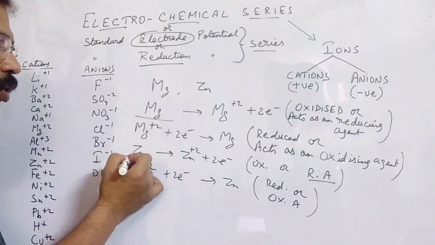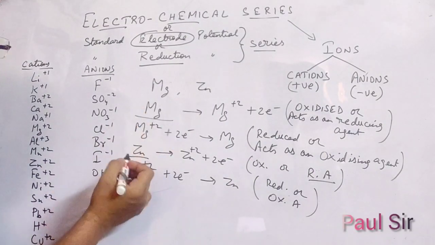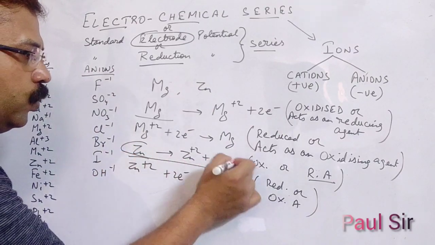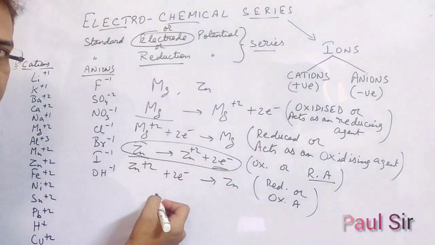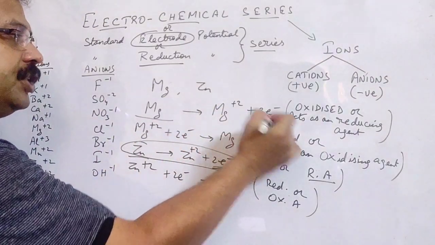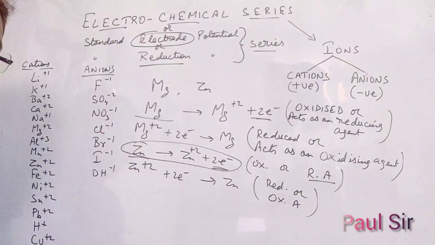Magnesium reactivity is more than zinc. On the basis of this reactivity, we can say zinc's tendency to lose electrons will be less as compared to magnesium's electron losing tendency, because its reactivity is less.